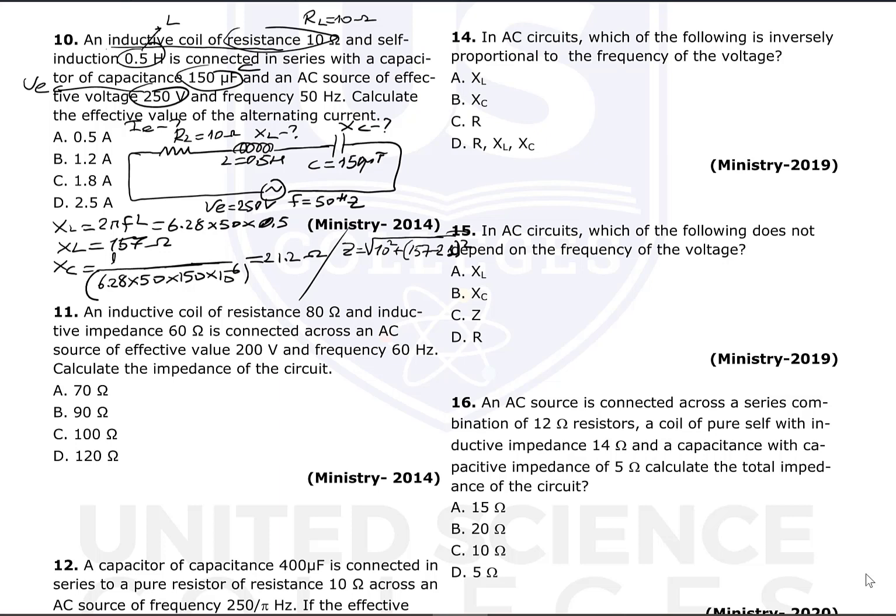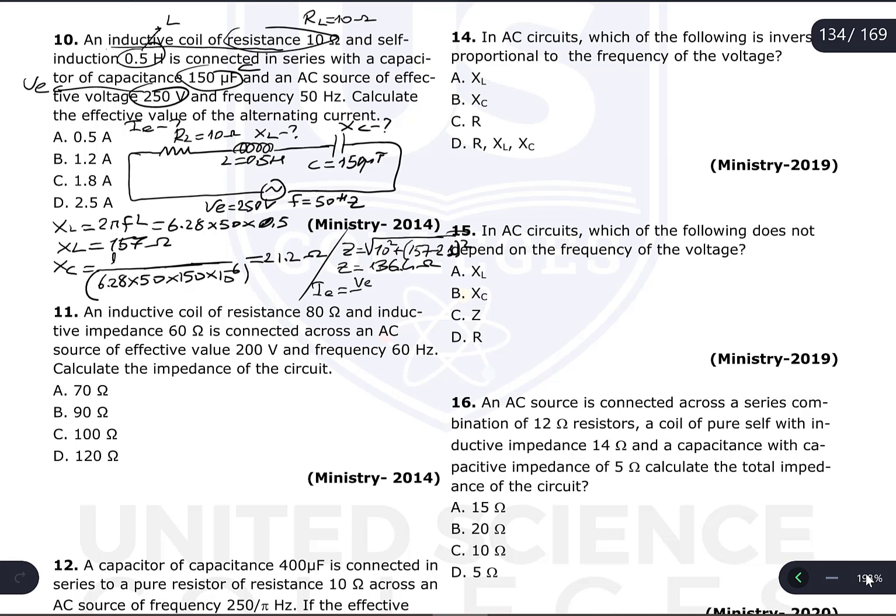Okay, there's a mistake. Once again, square root of 10 squared is 100 plus, I said minus, but plus, 157 minus 21, close the bracket, squared. After that, get the square root of the answer. Result is 136.4. So Z is 136.4 ohm.